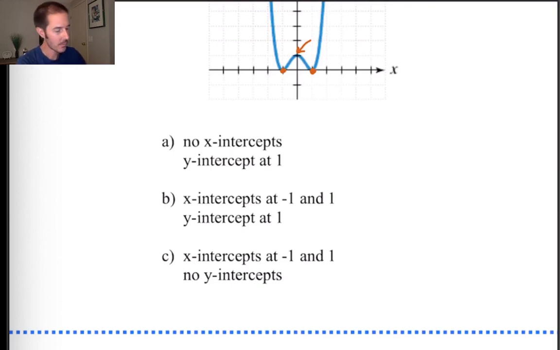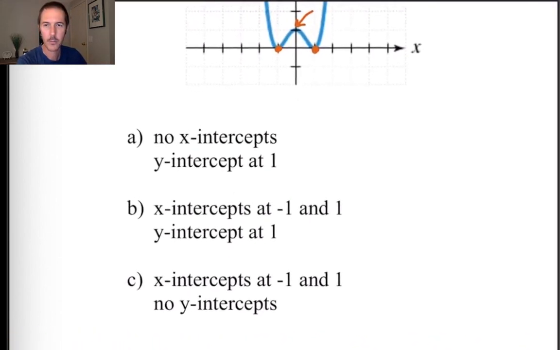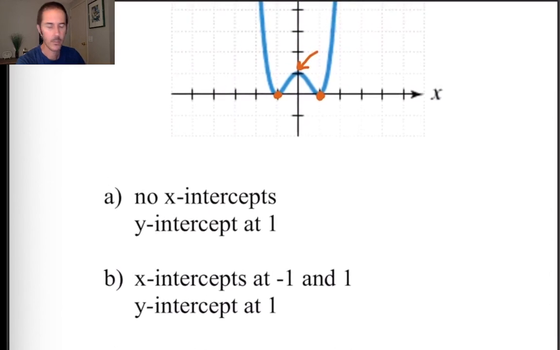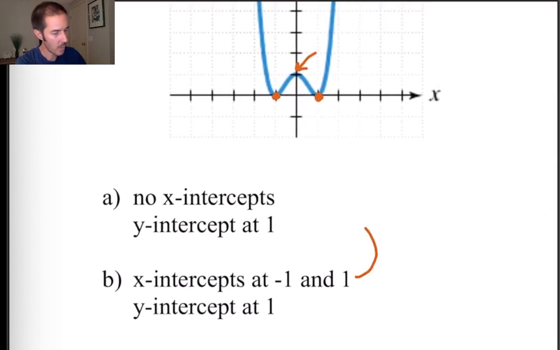Let me ask you this. These x values of -1 and +1, they do pertain to these 2 points right here. What's the y coordinate at those 2 points? The answer is 0. Vertically, we haven't gone up or down away from the x-axis.